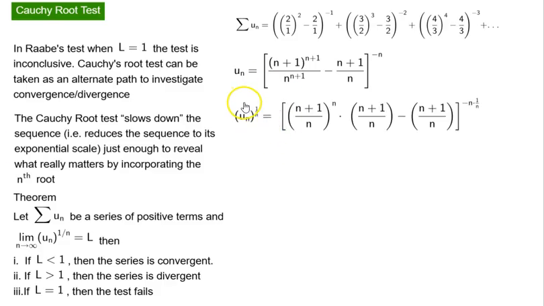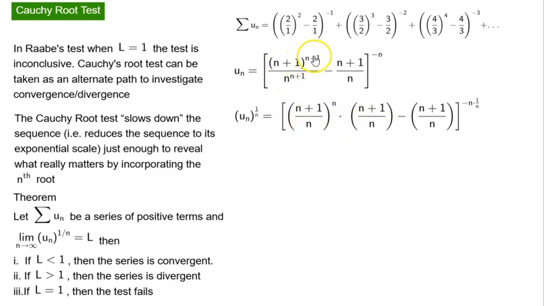Now, take the nth root of U sub n. We get U sub n to the power of 1 by n is equal to n plus 1 by n to the power of n times n plus 1 by n minus n plus 1 by n to the power of minus n times 1 by n. So basically here multiple steps I have carried out.